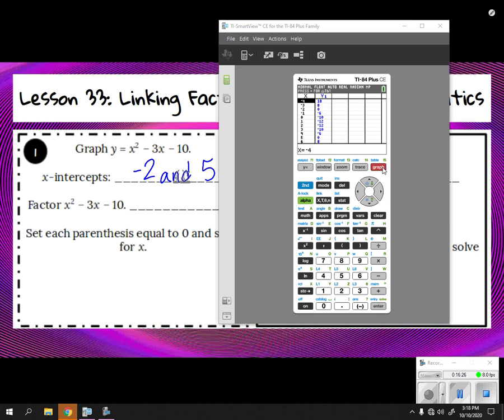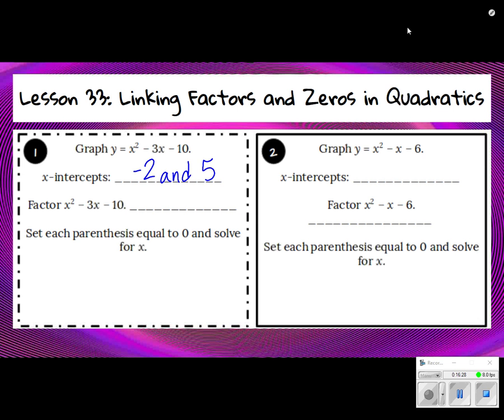But let's look at the fact that you don't have to use the calculator. So let's think about two numbers that we can multiply to get -10 and add to get -3. Those two numbers would be -5 and +2. So that would be x minus 5 and x plus 2.